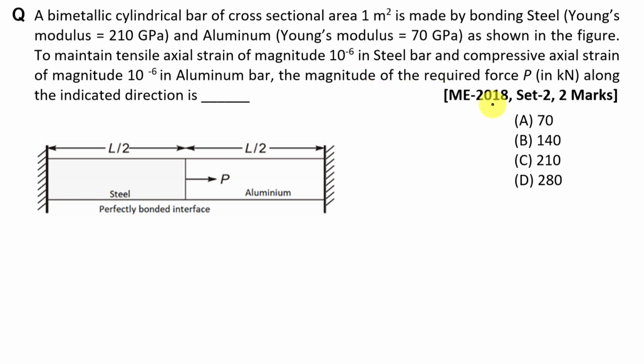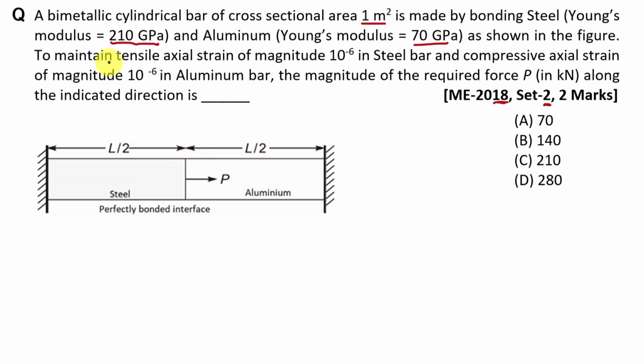Next question is from year 2018, paper set 2. A bimetallic cylindrical bar of cross-sectional area 1 meter square is made by bonding steel having Young's modulus 210 gigapascal and aluminium having Young's modulus 70 gigapascal, as shown in the figure. Here you can see this arrangement.